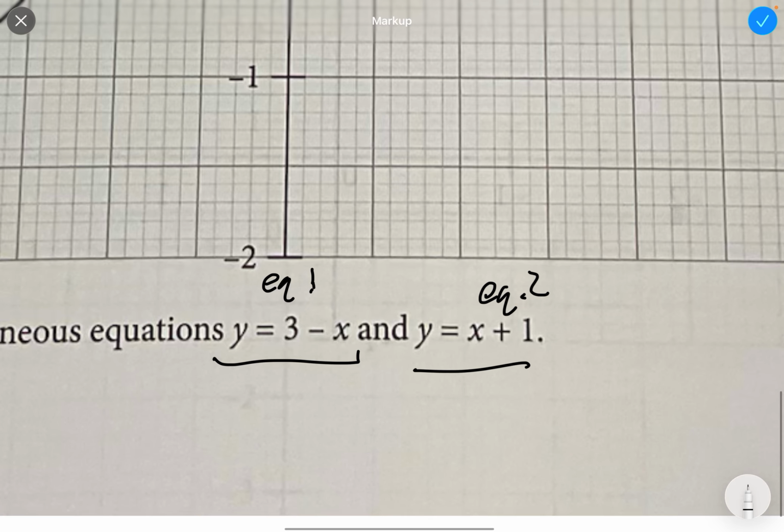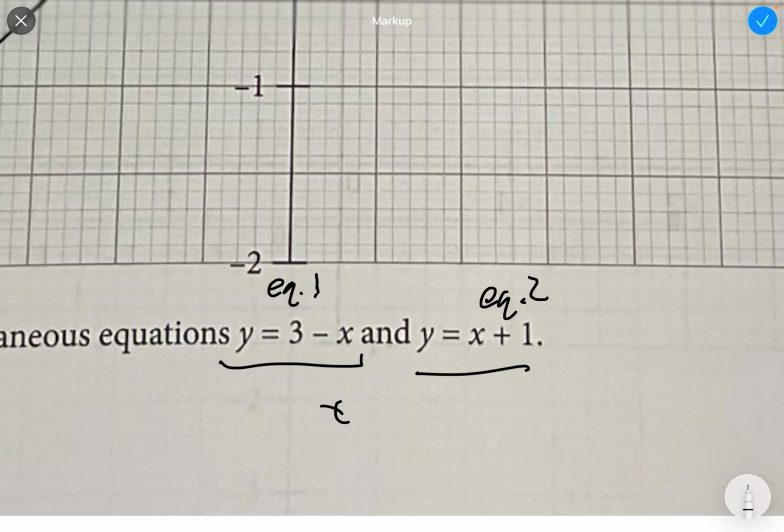If they ask you to solve the simultaneous equation graphically, this is what you will have to do. Draw the two lines, find the intersection, then the x and the y is your solution. The x is 1, the y is 2.